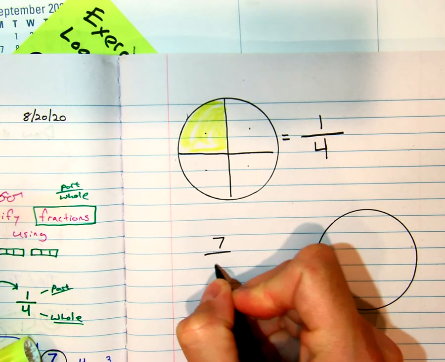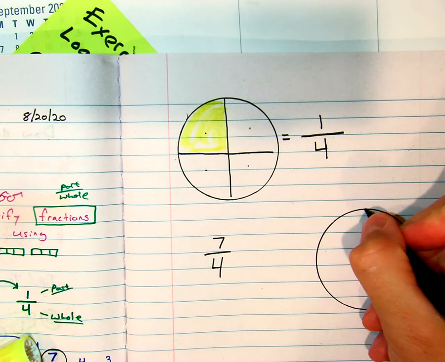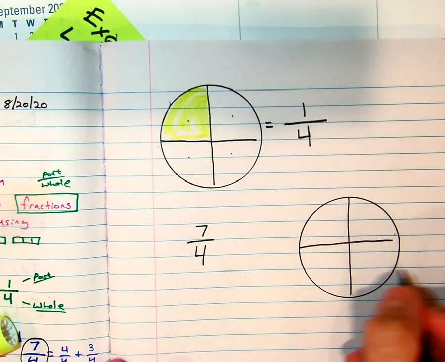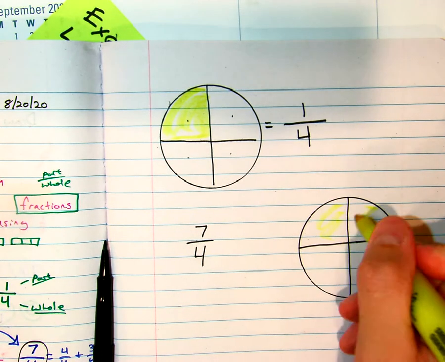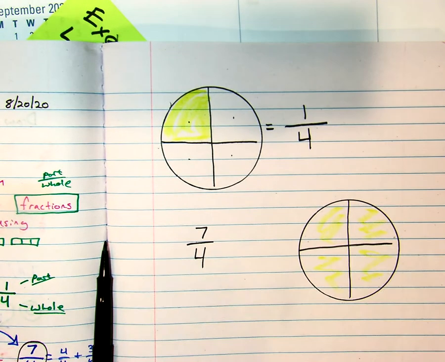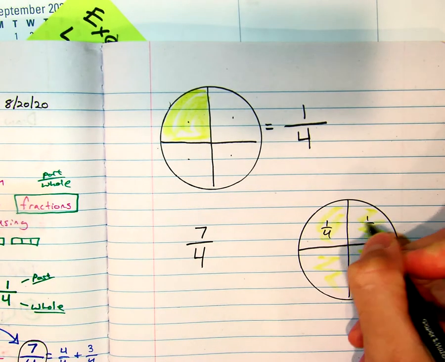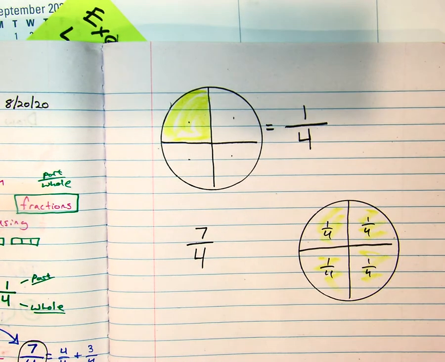Let's do a visual representation. So we're talking about 4s, right? Do I have enough showing here? No, I've got 1/4, 1/4, 1/4, 1/4. I can go in, I can just 1/4, 1/4, 1/4, 1/4. Now I have more than 1.